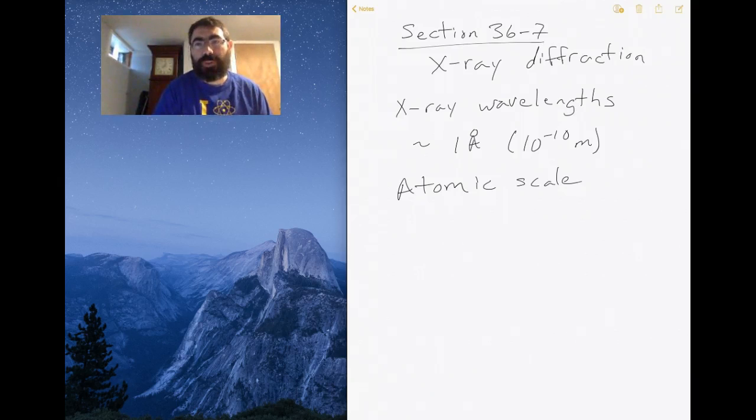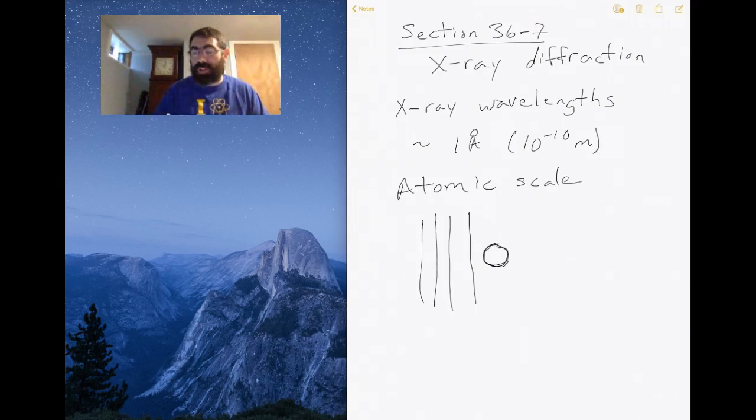Actually, you can also get diffraction when you go around an object. So if we had an object like a cylinder, and we had waves propagating up toward that cylinder, then you're going to get diffraction around the edges of that cylinder.